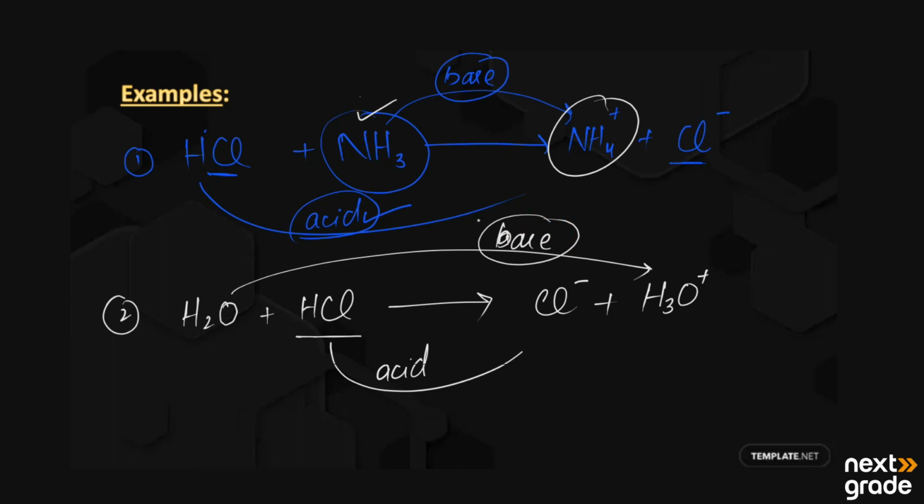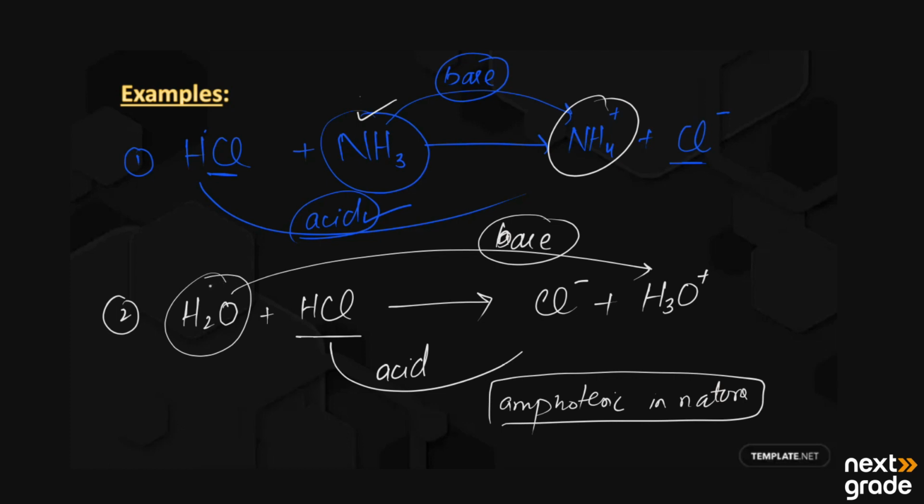In my previous lecture we learned that water acts like an acid as well as a base. So water is amphoteric in nature. Why is water known as amphoteric? We have seen that H2O can accept the proton, and it can also donate the proton.